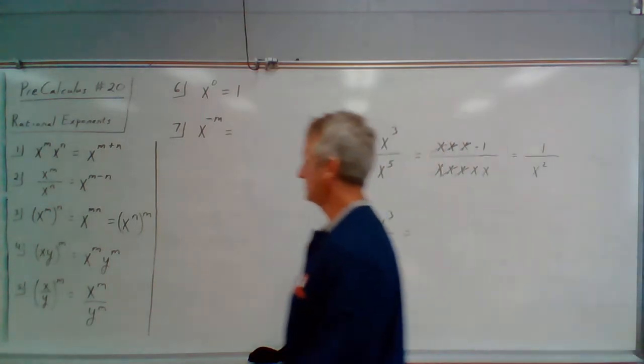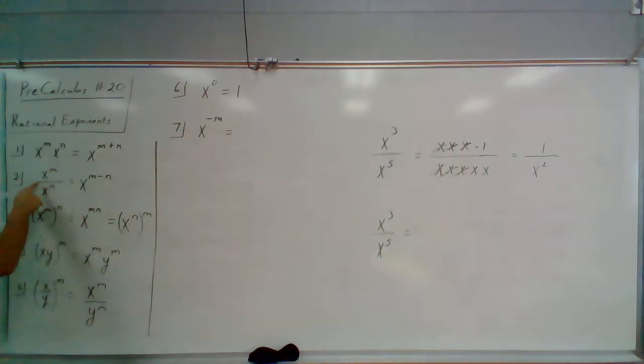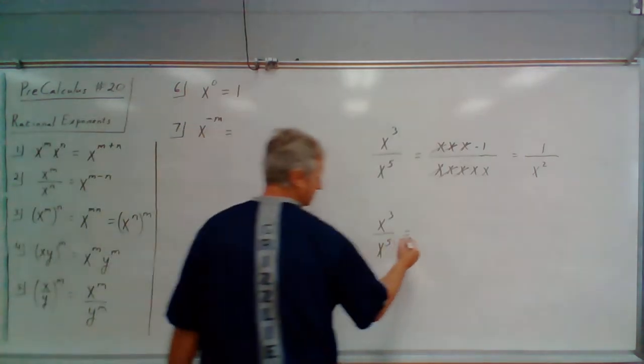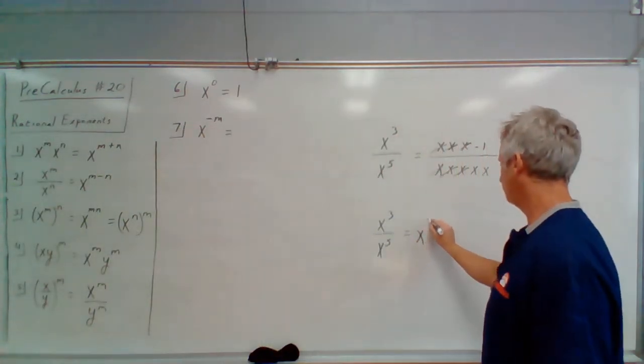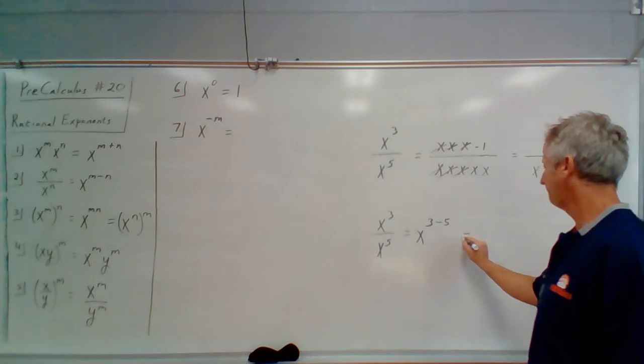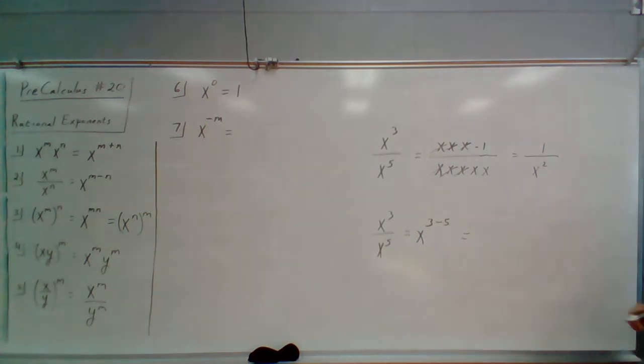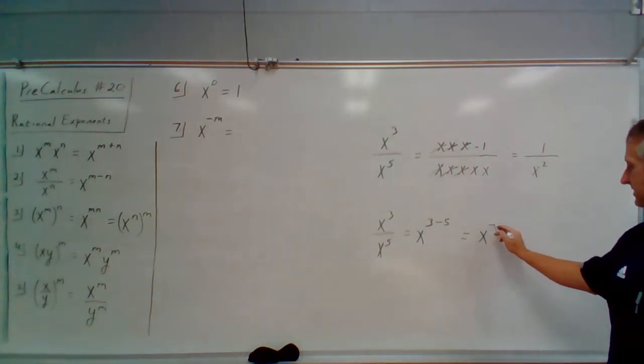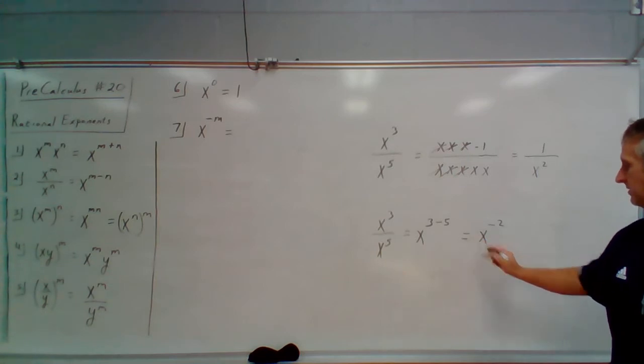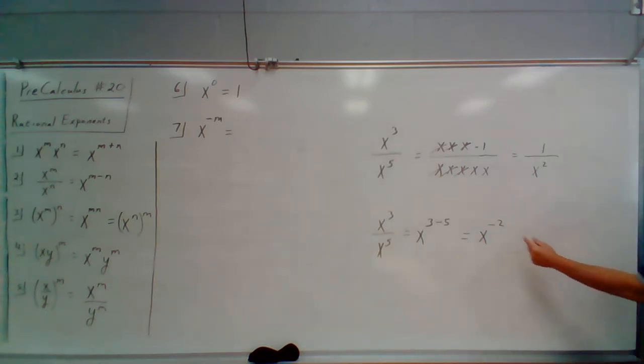Well, rule number 2 says the base is the same, so I should subtract the exponents. So this should be x to the 3 minus 5. Well, 3 minus 5 is -2. So here we have a negative exponent.